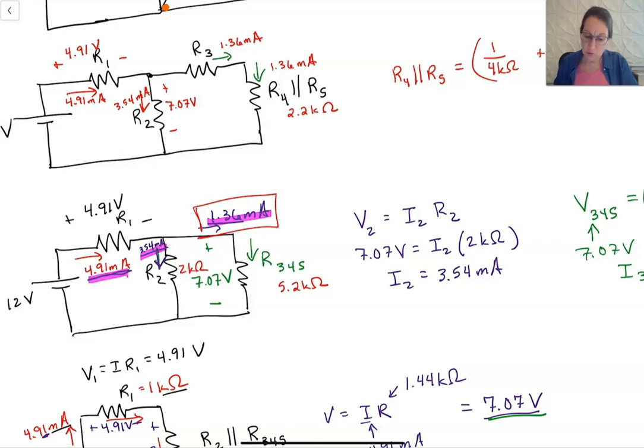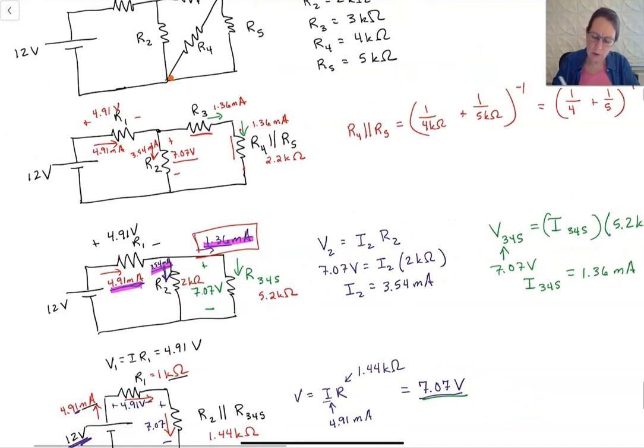It's going through this equivalent circuit. And so then we can find the voltage that each of these has. The voltage across R3 and this parallel group of 4 and 5 had better equal my 7.07. So the voltage across here and here needs to equal 7.07. So we'll check that.